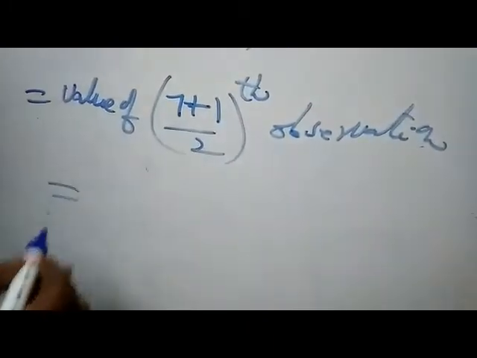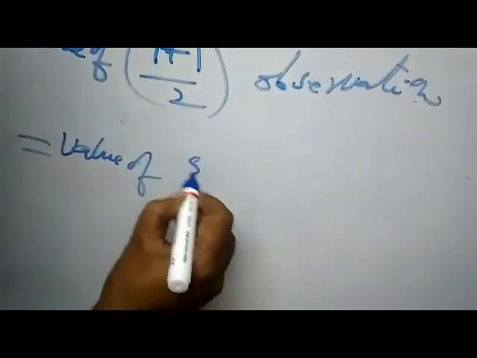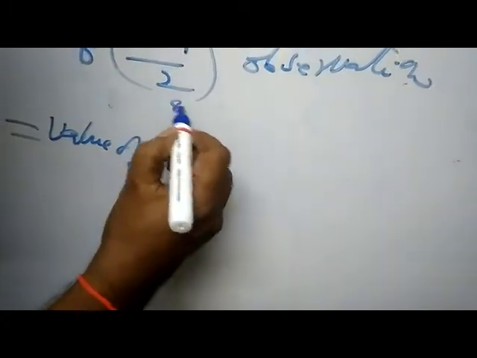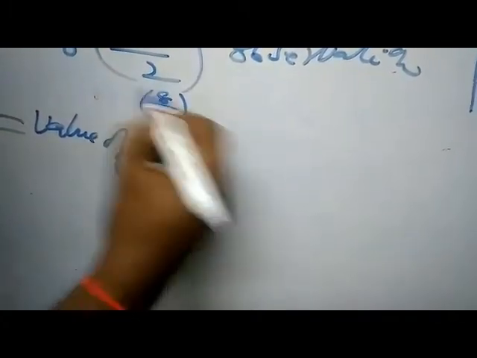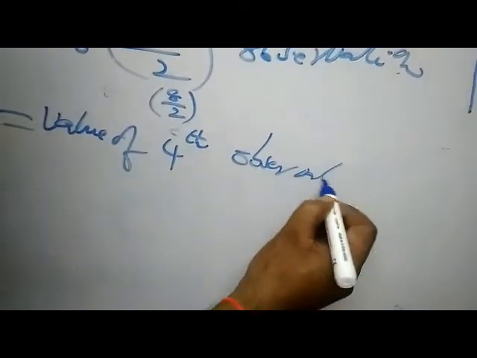That is equal to the value of 8 by 2th observation. 8 by 2 is nothing but 4th observation. Value of 4th observation.